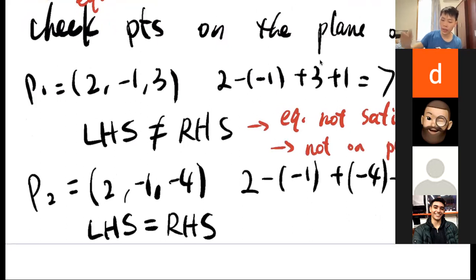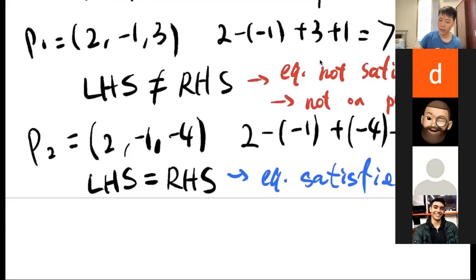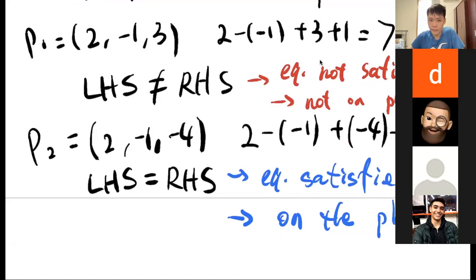For the second example, the equation is satisfied. It means that it is actually on the plane. Okay, so far so good.